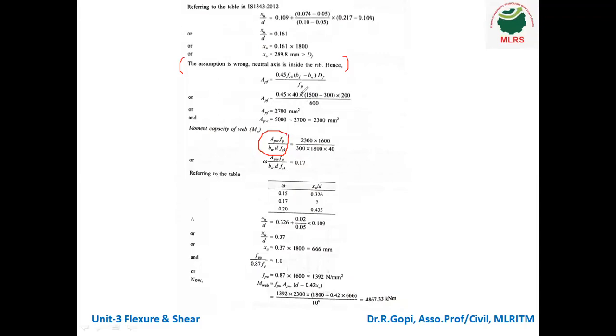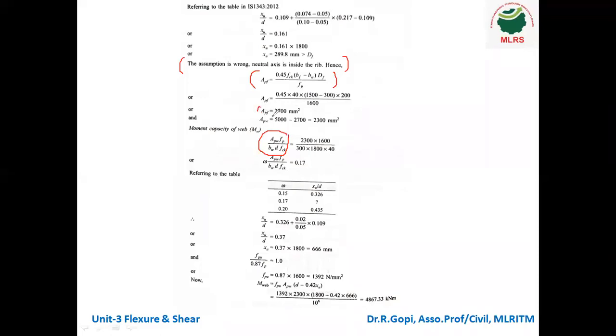So first we have to find out the area of pre-stressing steel in the flange. For that, this is the formula: 0.45 FCK into (BF minus BW) into DF, divided by FP. So 0.45 into FCK 40 into (BF 1500 minus BW 300) into depth of flange 200, divided by FP 1600.